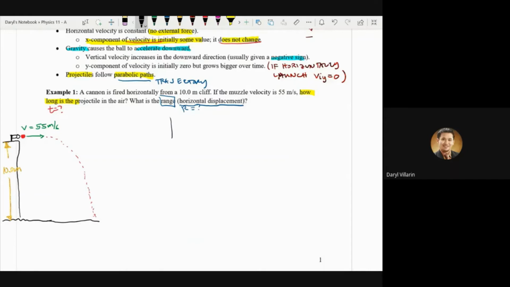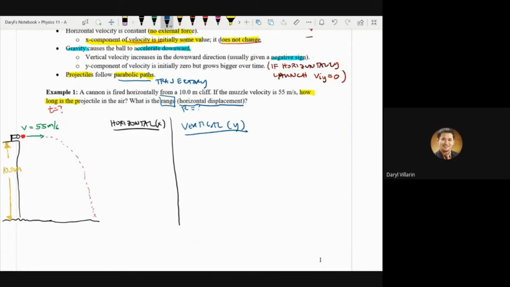So you try to make a table, like I'm going to place everything that I know in one side for my horizontal motion. So this means the x, and then the other side would be everything about my vertical motion, or the y. Okay, so you have horizontal along x, and then the vertical. Again, it would be helpful if you separate them, at least the things that you know.